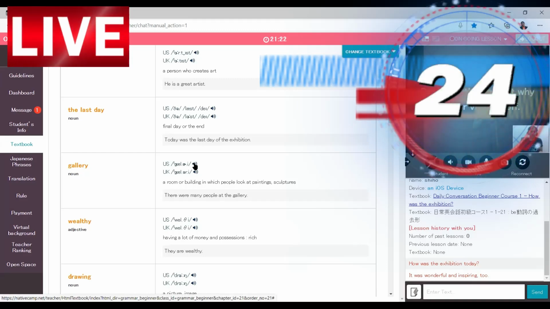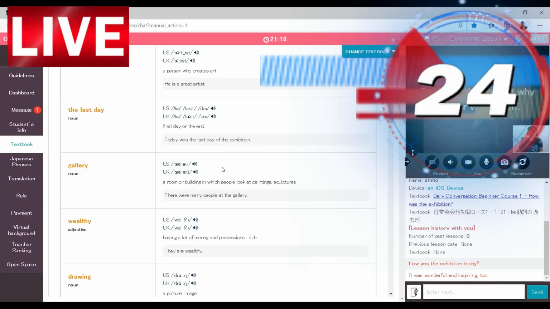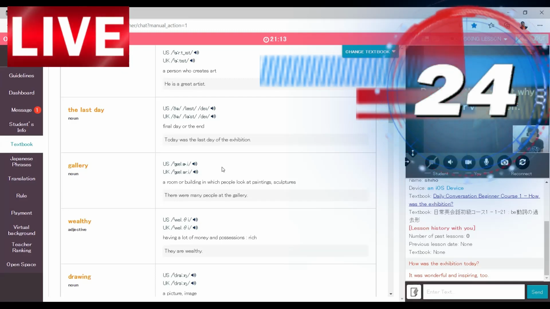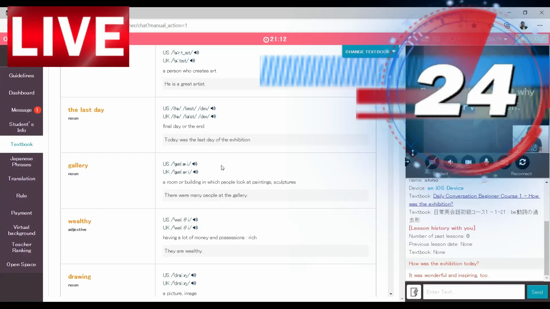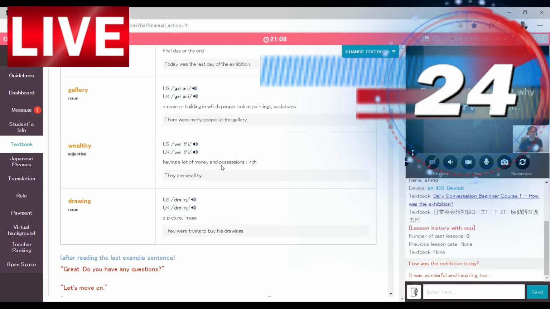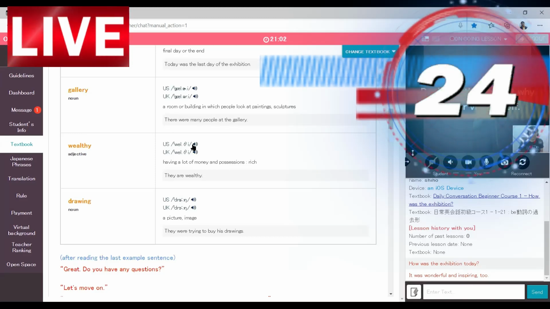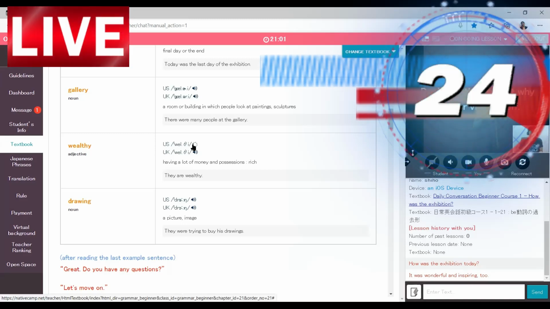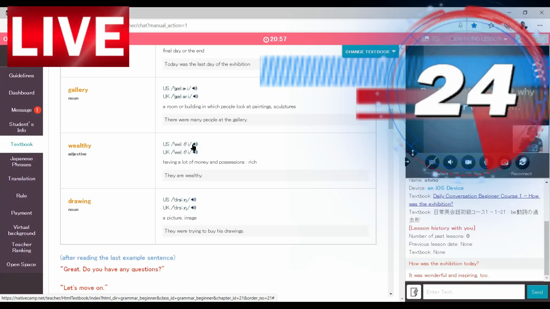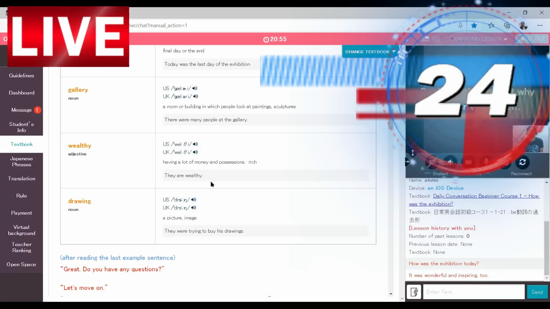Gallery. Gallery is a room or building in which people look at paintings or sculptures. Please read the sentence. There were many people at the gallery. Very good. Okay, let's have the next. Wealthy. Wealthy. Okay, it means having a lot of money and possessions.